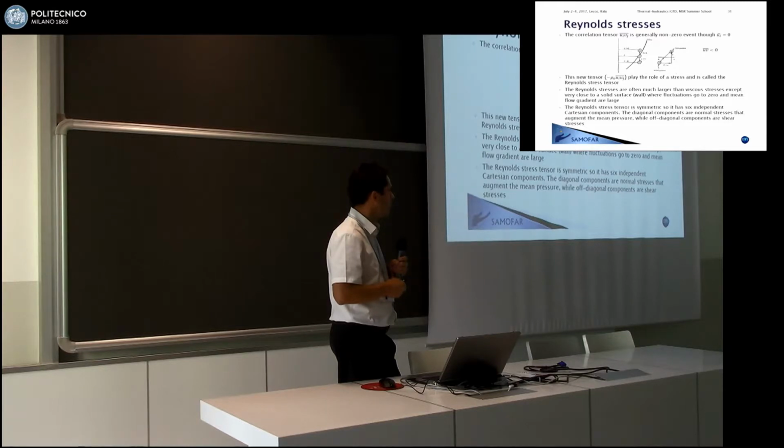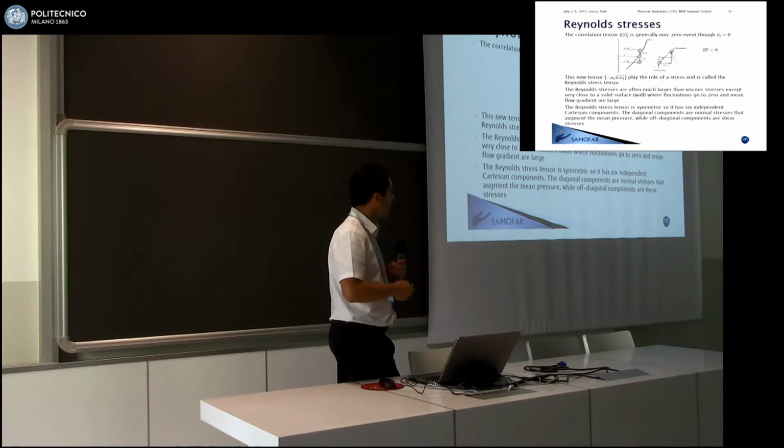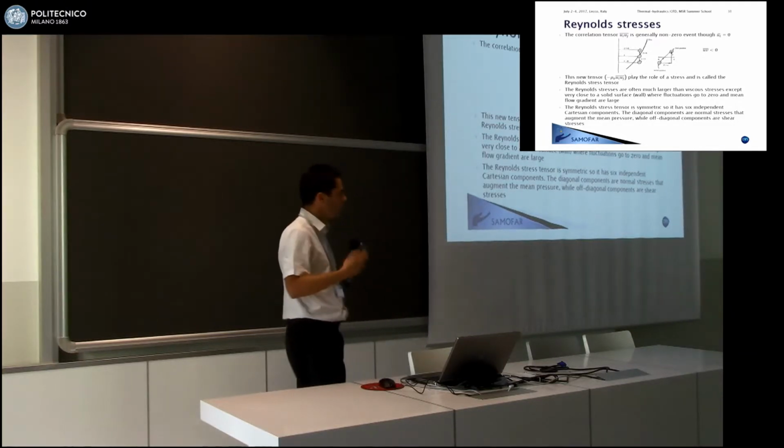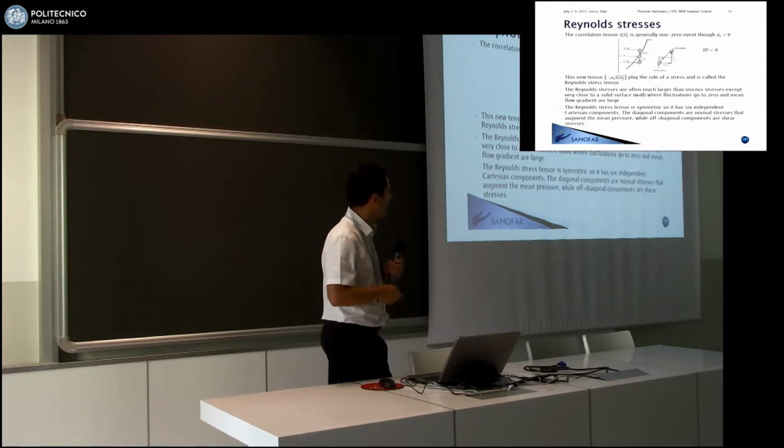So here, the fluctuation of velocity in the vertical direction is positive, but in the horizontal it's negative because it goes to a region where the rest of the fluid is going a little bit faster. So if you calculate the average there, it is not zero, it is negative. This is just to show you that this term is not zero in general, especially when you're moving away from the walls.